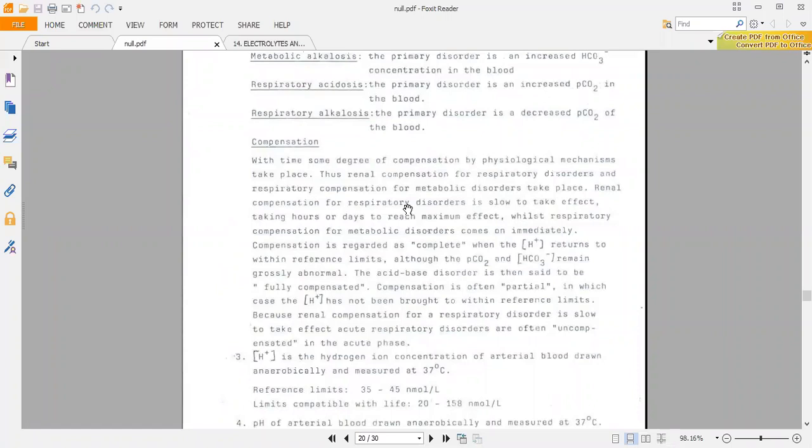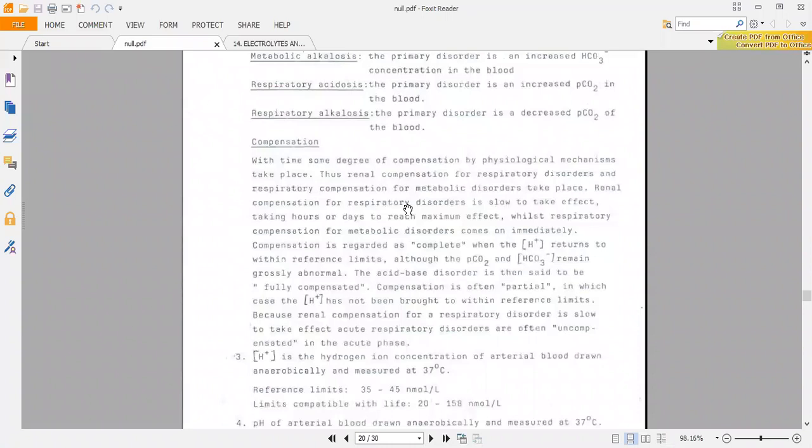Then this person has compensated. That means that something has happened for this person to maintain his or her blood pH within normal range. So that is compensation. When you talk about compensation, you have derailments in either the bicarbonate or the partial pressure of carbon dioxide, but the pH is within normal range. Then we say the person has compensated.